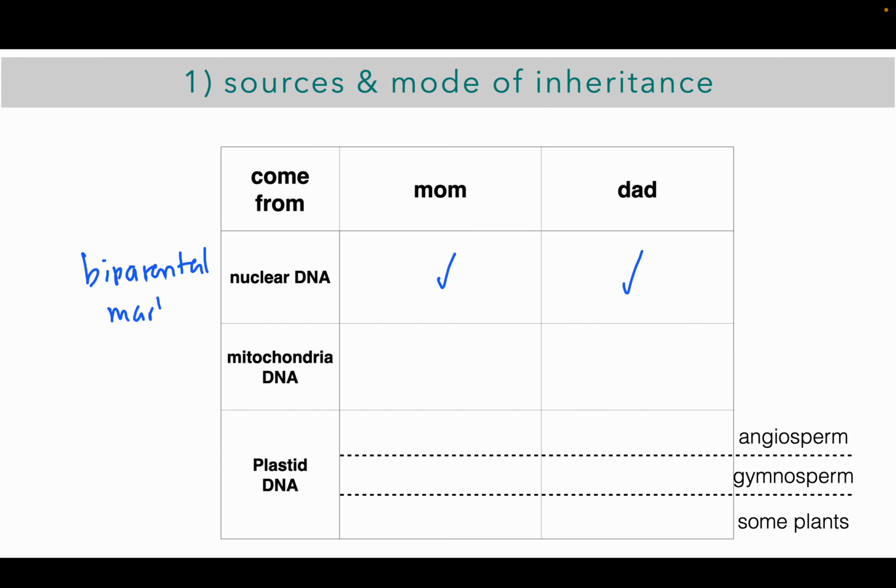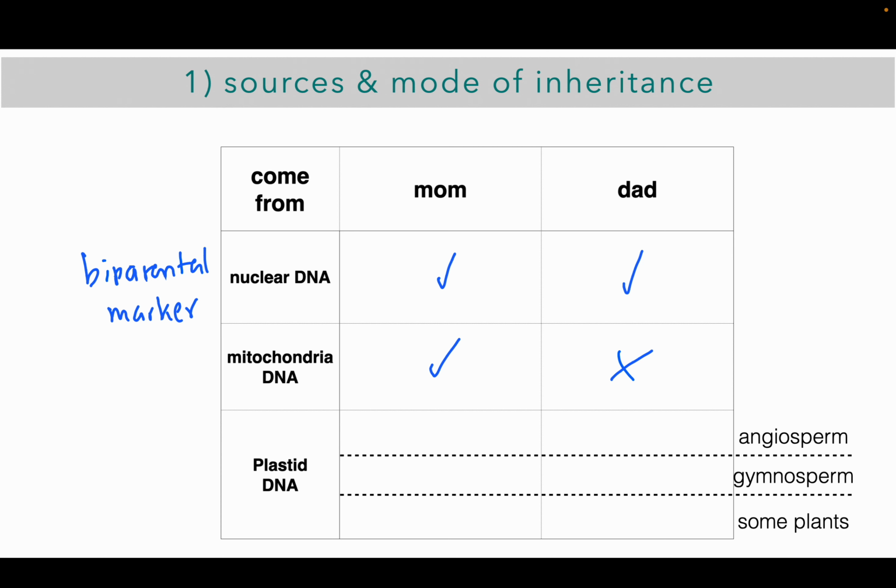So if you want to know who your daddy is, you have to use nuclear DNA because that's what you get from your dad. But mitochondrial DNA you only get from mom, not from dad. So if you study mitochondrial DNA in your cells, you can only relate that back to your mother, not your father.